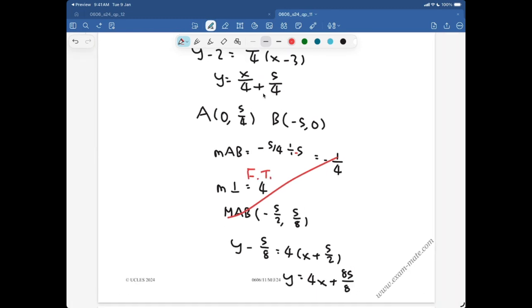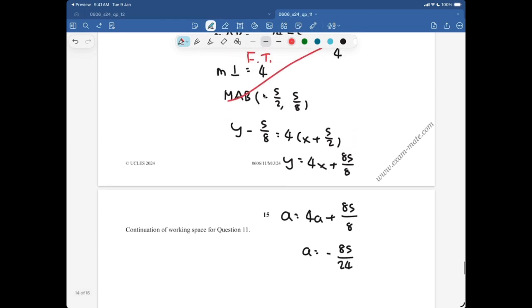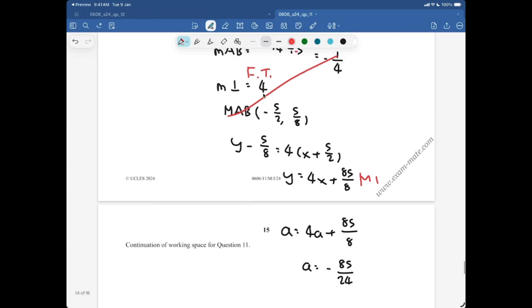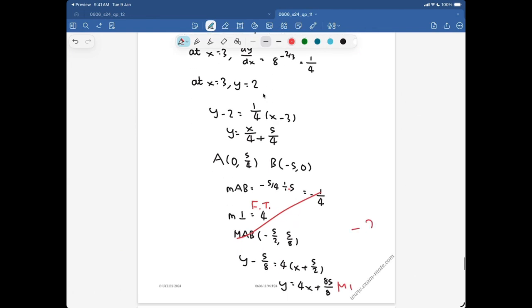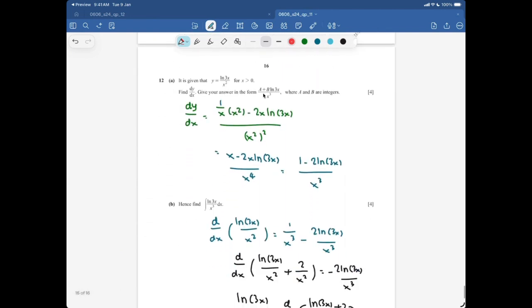So I also have a method mark over here. So all in all, I have the two answer marks being deducted. So I get 8 out of 10, so that's another 2 marks gone. It's not a good sight.